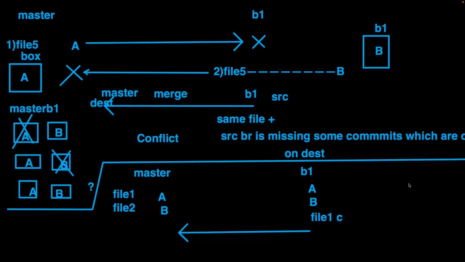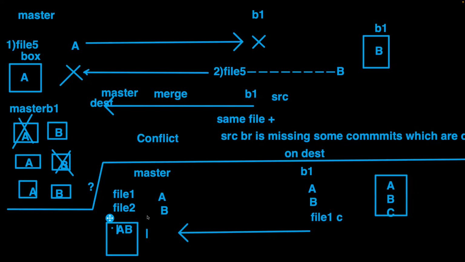No, right? Because this is the source. Source is having A, B, and I'm having this on B1. On master, I also have A, same file.